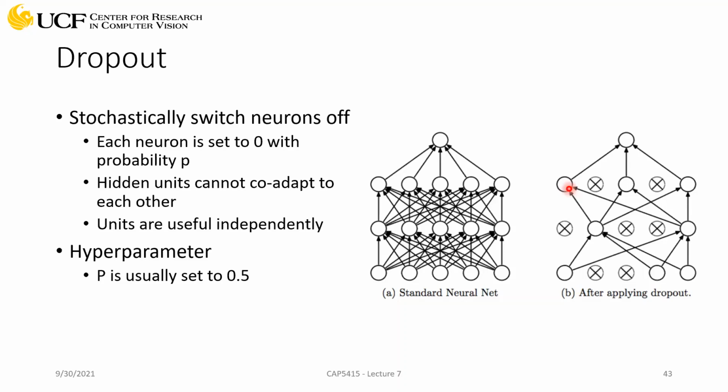Then it will try to adapt itself and also learn from these neurons. Are you saying that this node will try to learn equally from its below nodes? Right. And that's what we want, right? That's why we have that many parameters. We want to utilize them, not just have them there to memorize something. Okay.